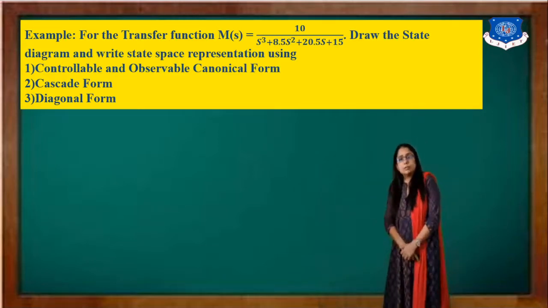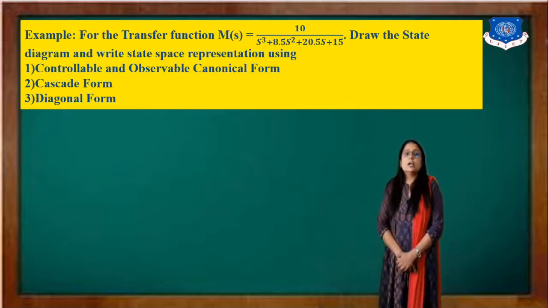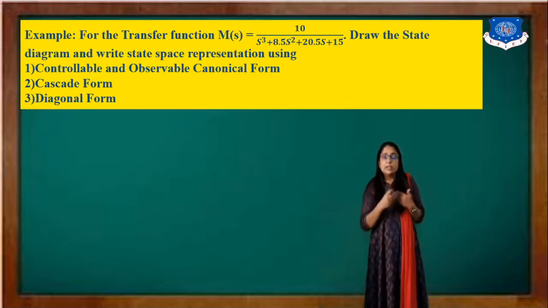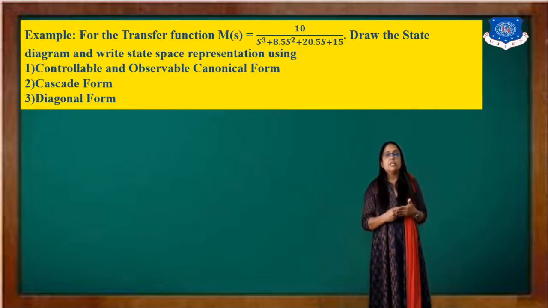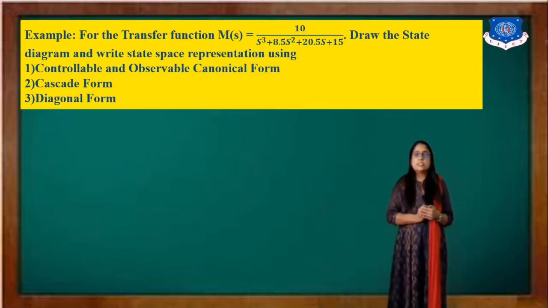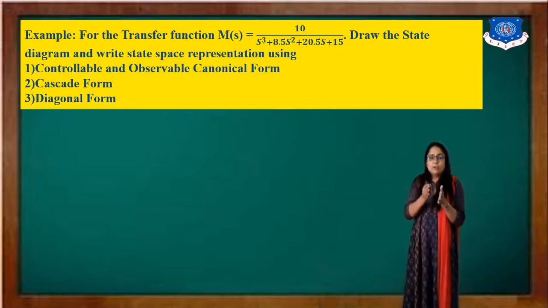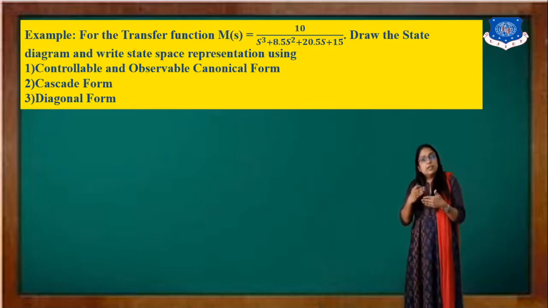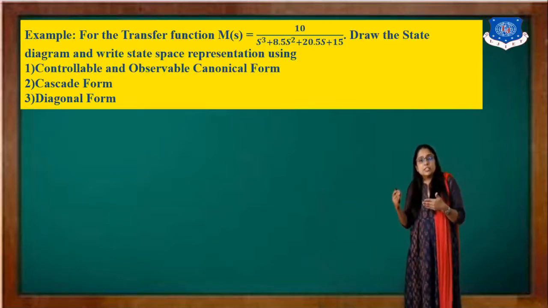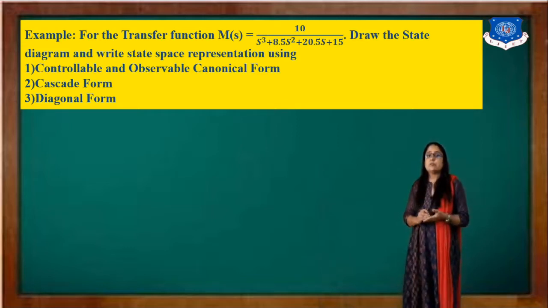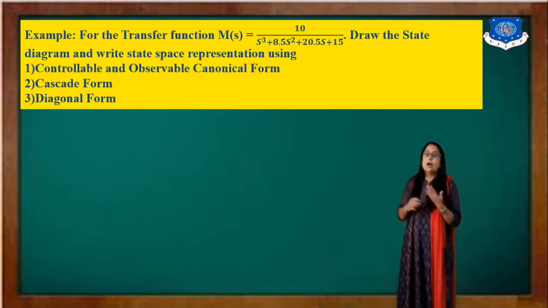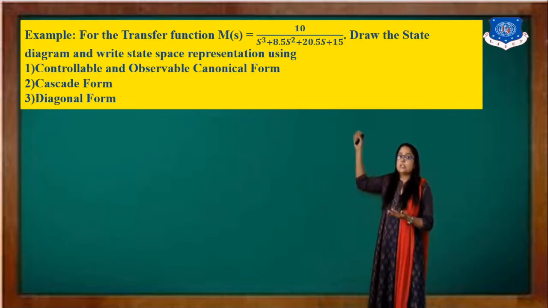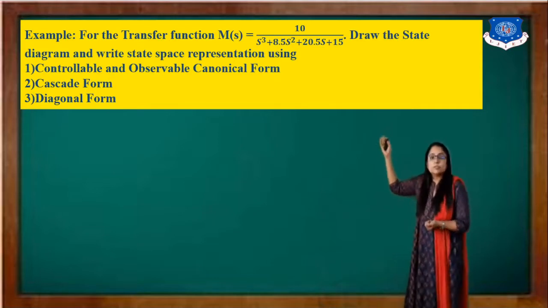Now what is controllable and what is observable? Controllable means you can control each and every state of the system. Because in a state space representation we have different state variables. If we can control each and every state variable, that means the system is a controllable system. We will see in a later section of this chapter how we can say that a system is controllable or observable.